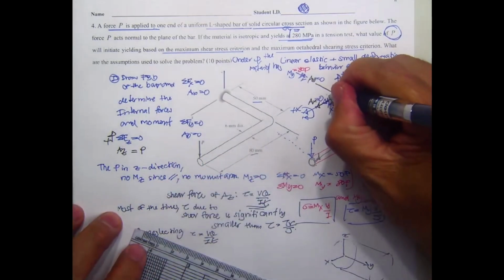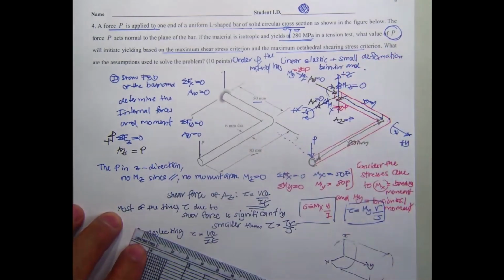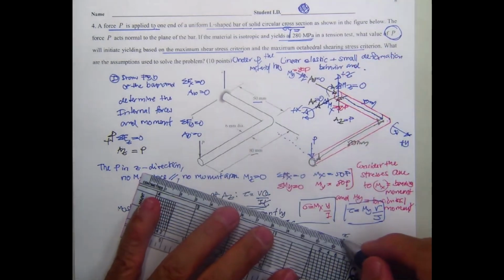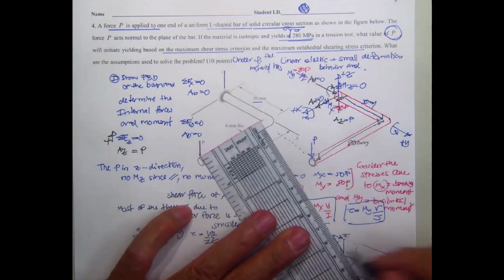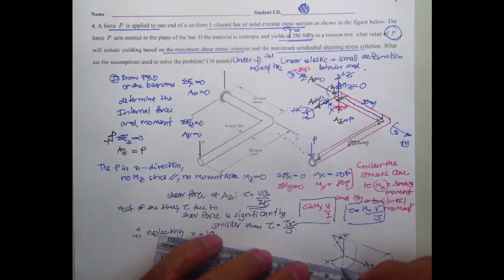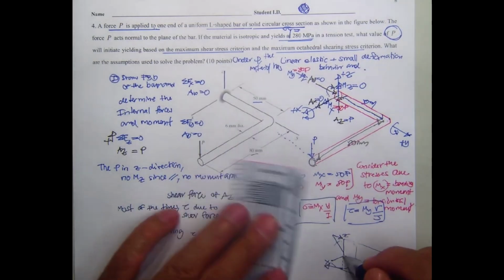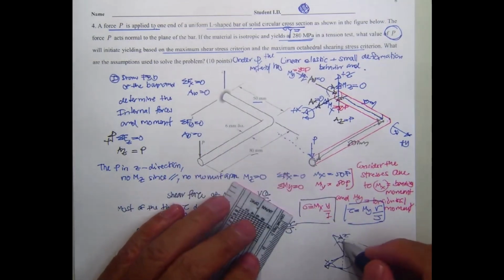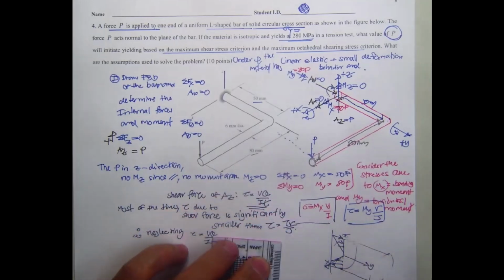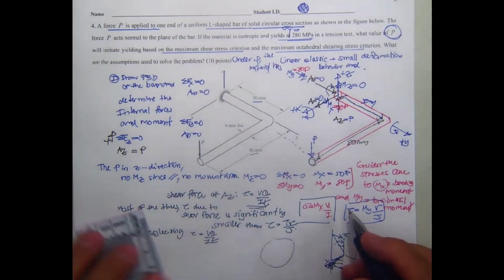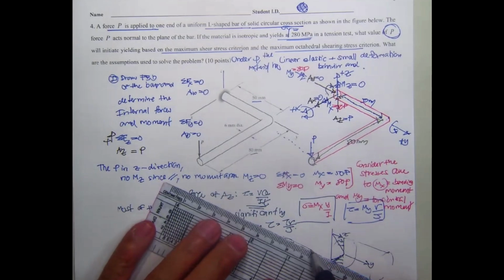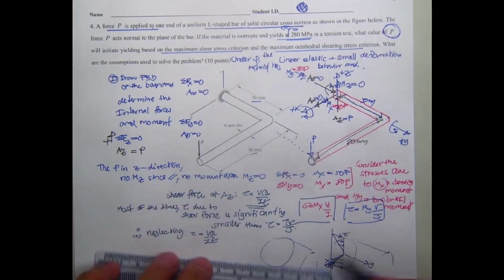The moment resisting is going to be in this direction. So we will have compression in the top and tension in the bottom. This is going to be the normal stress. Actually, it must be equal.